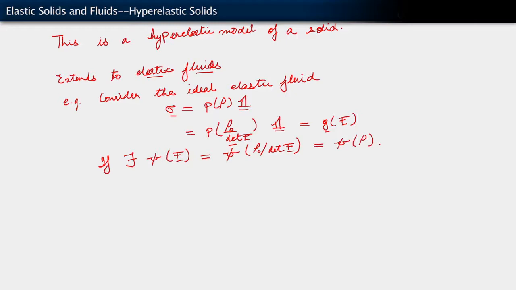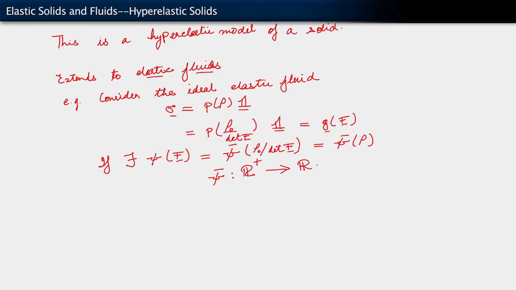We have a scalar function, which I'll call psi bar, which is a function of the mass density. So psi bar is a mapping from R plus, because the mass density is a positive number, to R.